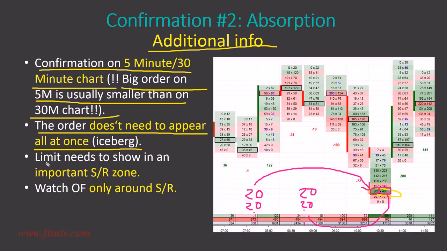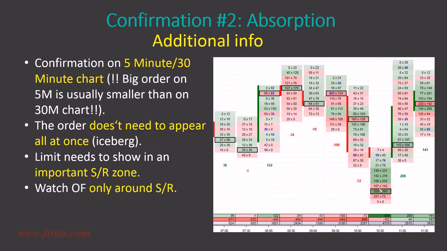Alright, so this is the iceberg order. Big trading institutions like to trade like this, so their volumes don't appear all at once, and with this they sort of want to mask their intentions and what they are doing right now. But in the order flow we can track them pretty easily, so in the end we will see that there is a huge number and that the market is most likely to turn.